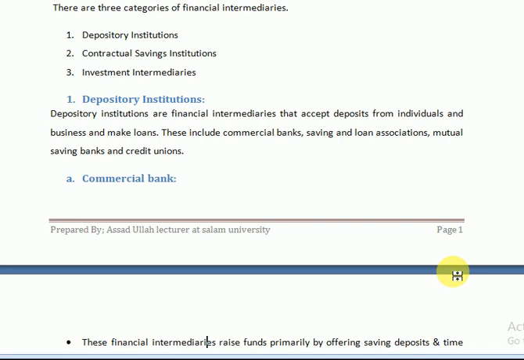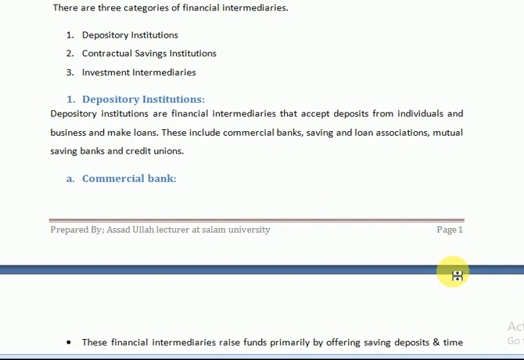So deposit institutions like banks. Banks don't have sufficient funds of their own. They accept money from individuals like me and you. Similarly, they also accept money from businesses.